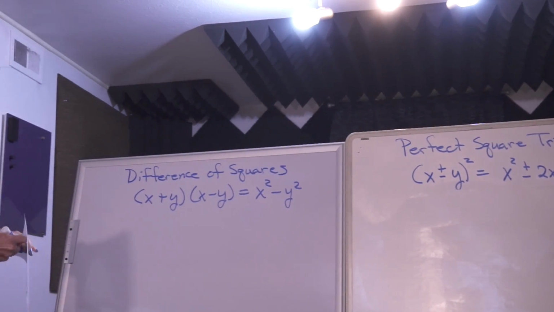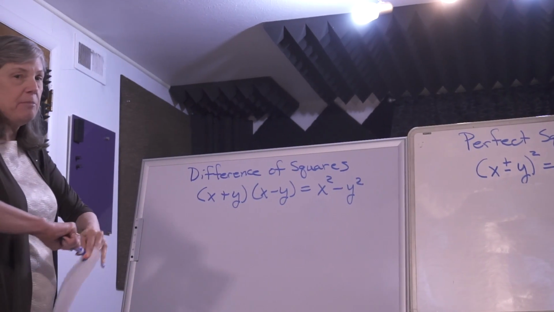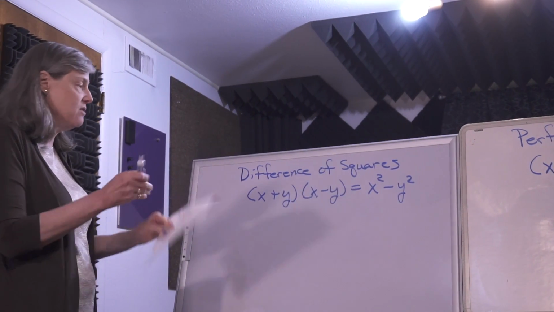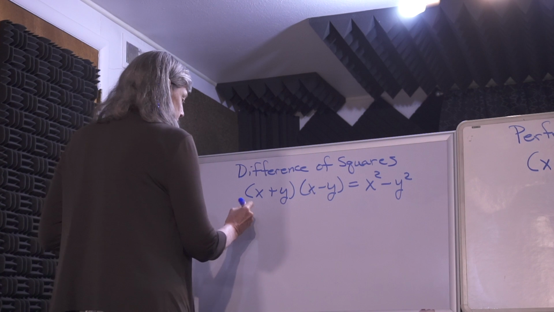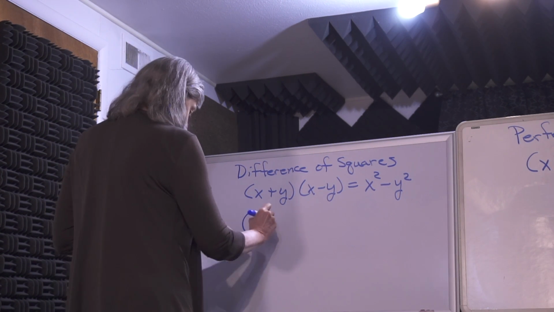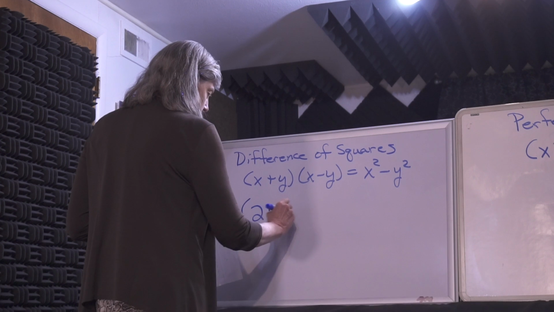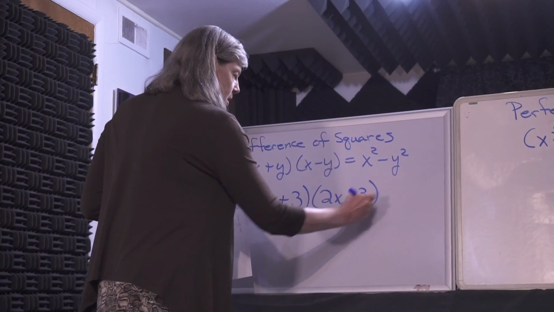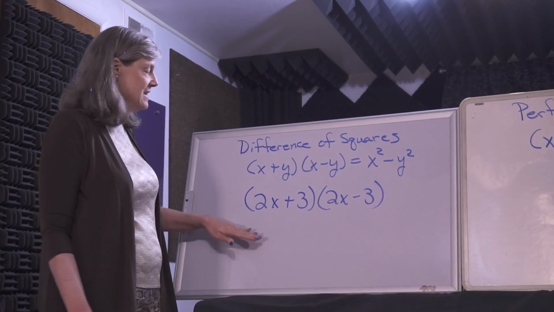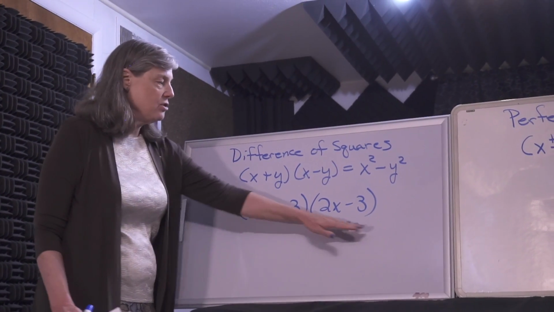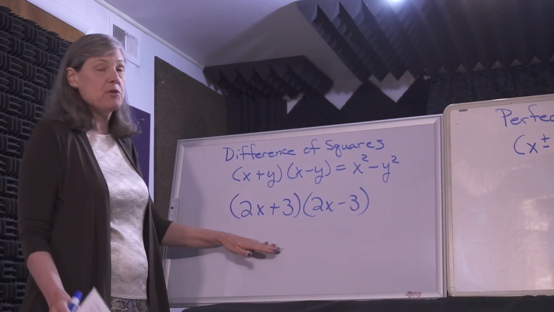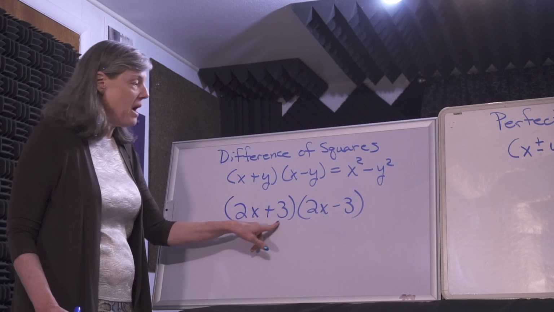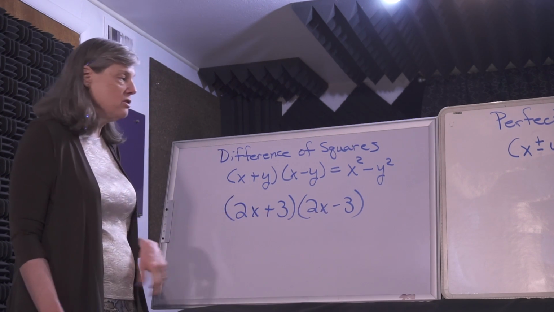So let's look at a problem, and these patterns come up all the time, so recognize them, be able to go directly to the answers. Well, when I look at this, I see that it's two sets of parentheses, and my x's are the same, my y's are the same, but my signs are different.